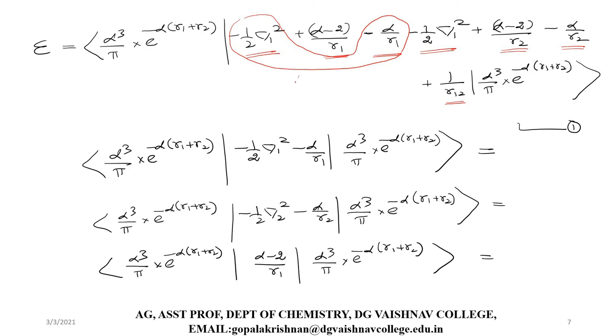Because this is exactly the same as the one-electron Hamiltonian, like the hydrogen atom, having the nuclear charge alpha, because we have incorporated electron repulsion through the nuclear charge term. So this gives you the one-electron Hamiltonian, which appears like a hydrogen-like system.